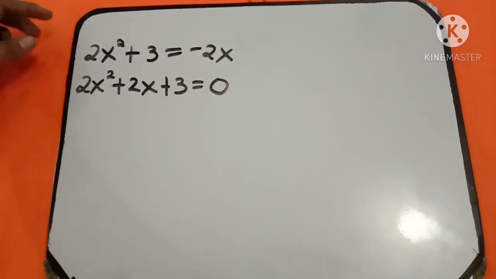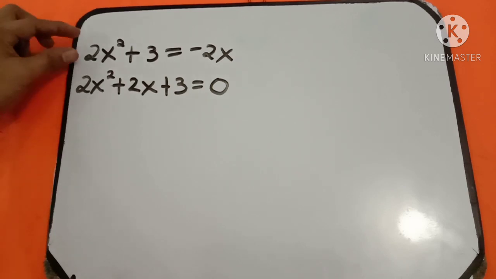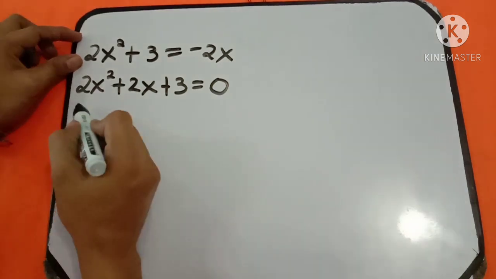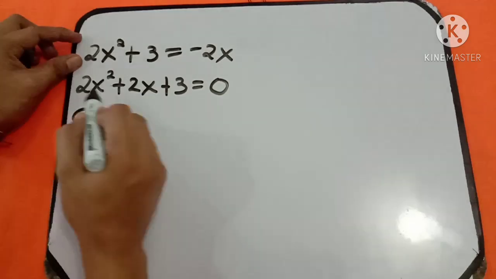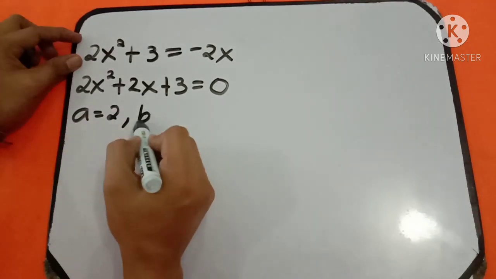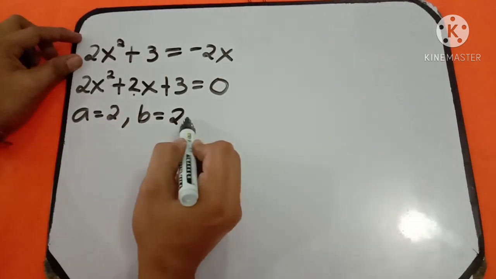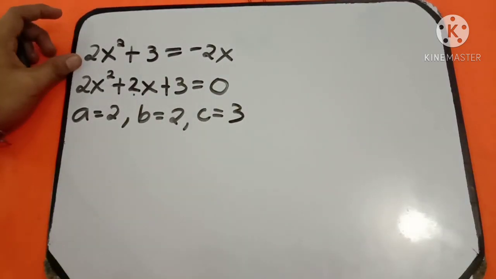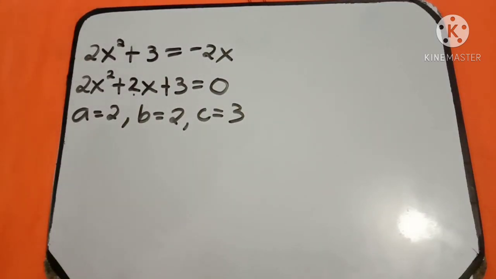Now we have the standard form of this given equation. Next is to determine the value of a, b, and c. Automatically, our a is positive 2, our b is also 2, and our c is positive 3. Now we have the value for a, b, and c.